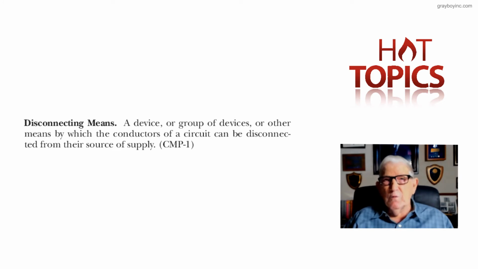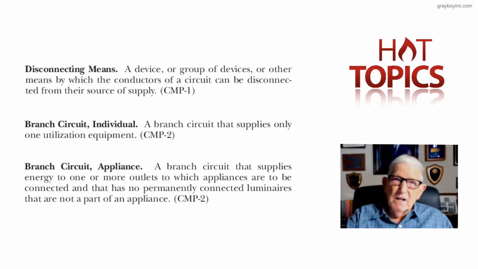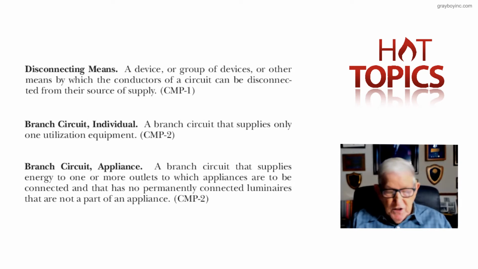So a disconnect, to me, disconnects something to work on or to service, repair, or whatever the job task may require. Now, the next thing that I think is important is to take a look at a branch circuit, individual, and branch circuit, appliance. We want to review that. So in doing so, let's go to page 33 of your NEC.